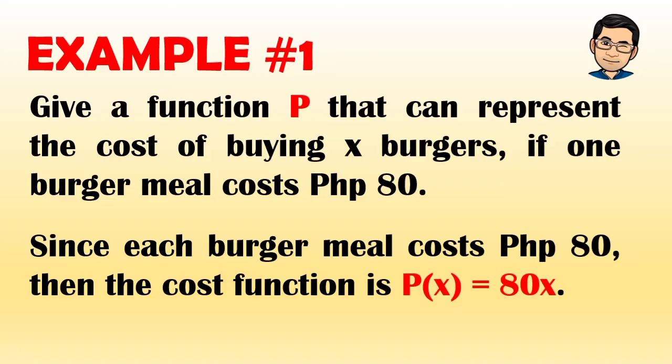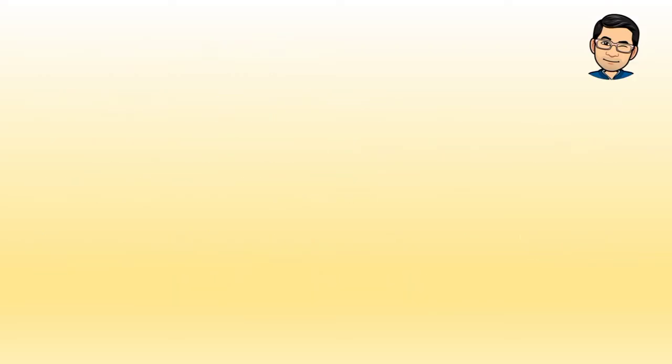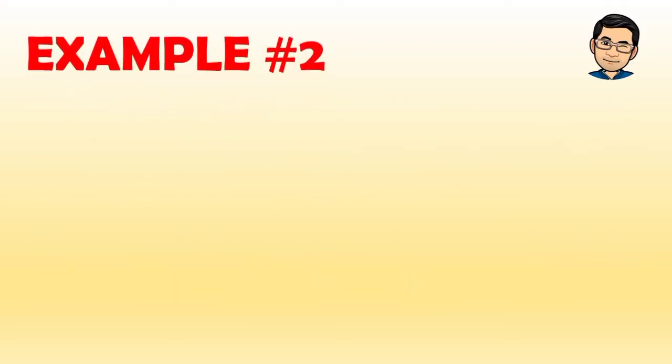So kasi ang presyo ng isang burger is 80. And then ano yung x? So ito yung bilang ng burger. For example, 5 burger ang bibilin. So ito yung gagamitin nating function para malaman kung ilan yung total na babayaran mo dun sa 5 burger na binili mo.